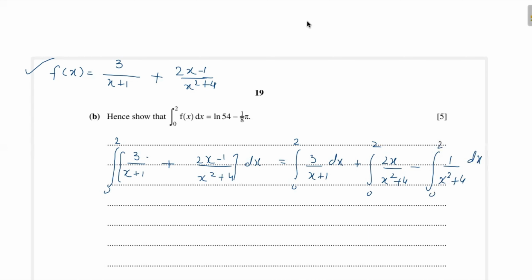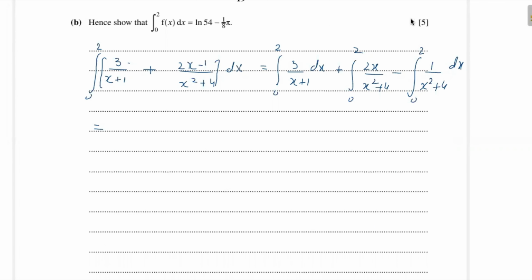Now the integration of 3 over x plus 1 will be, 3 is written as it is, 1 over x plus 1. Integration of this will be equal to log of x plus 1, plus 2x over x square plus 4.